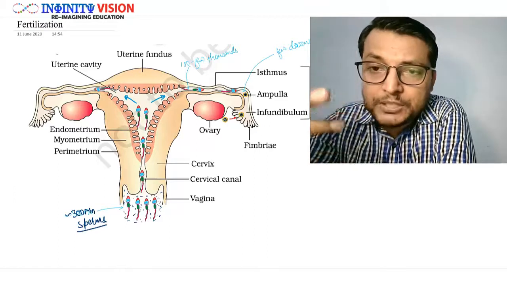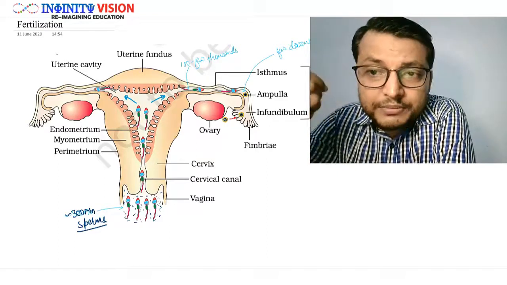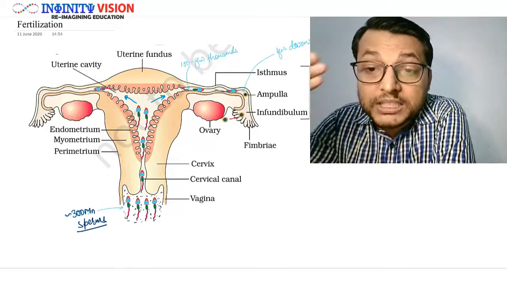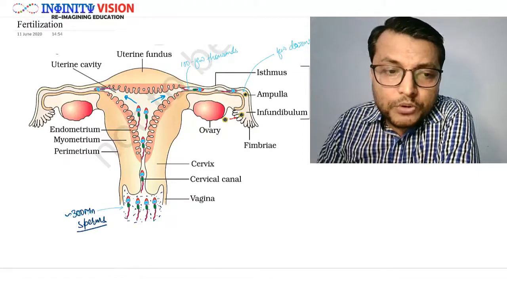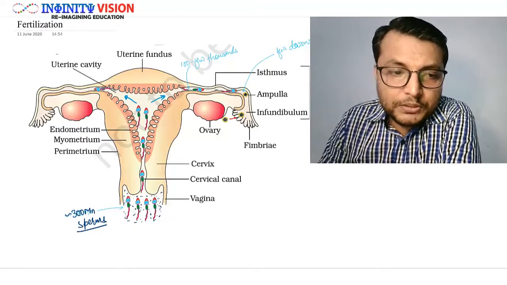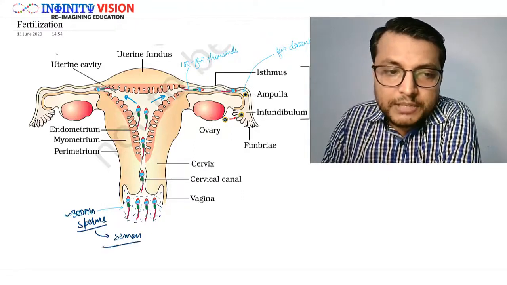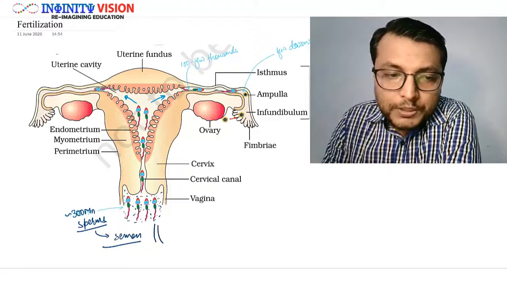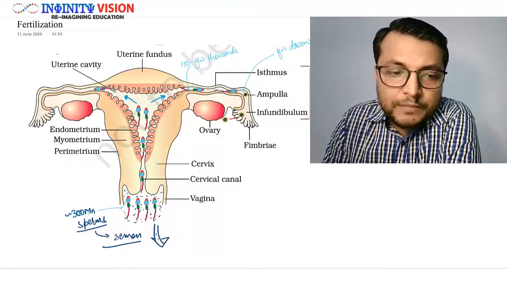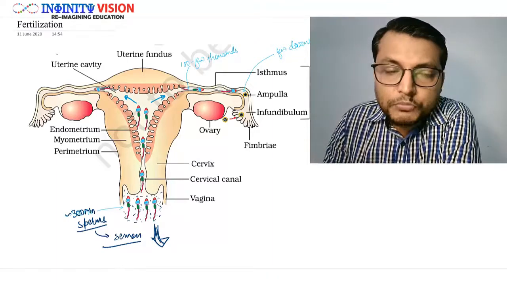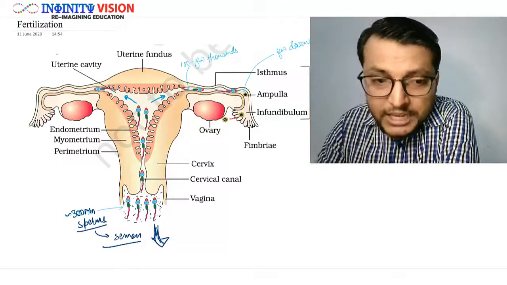Now what happens? Is it like all 300 million will start the race? No, not at all. Sperm is in the semen, and most of the semen will have a backflow and flow out.